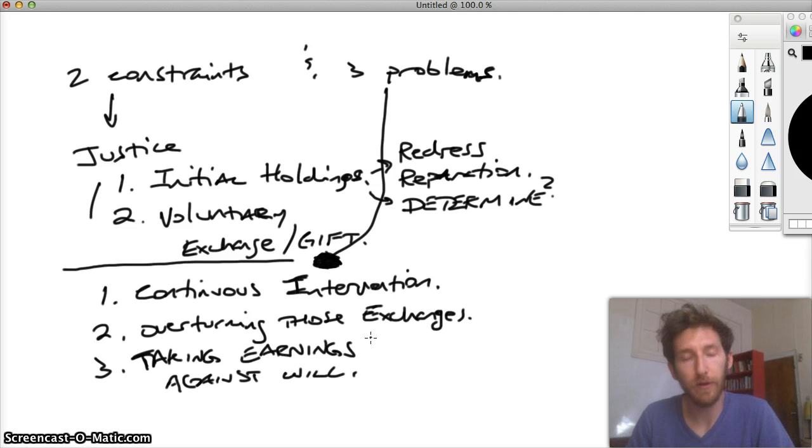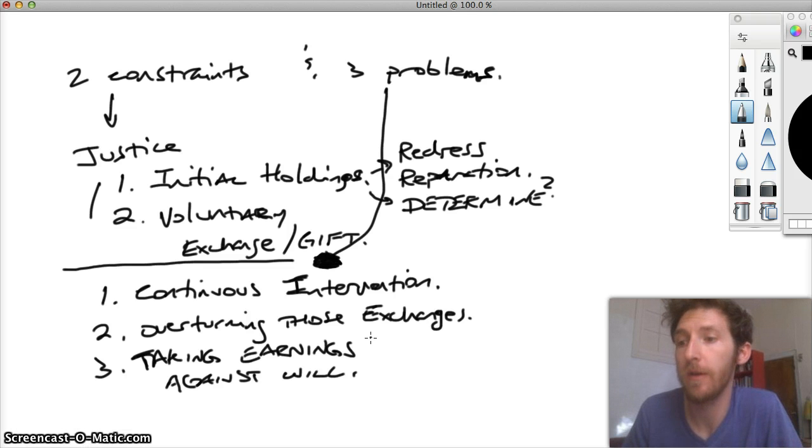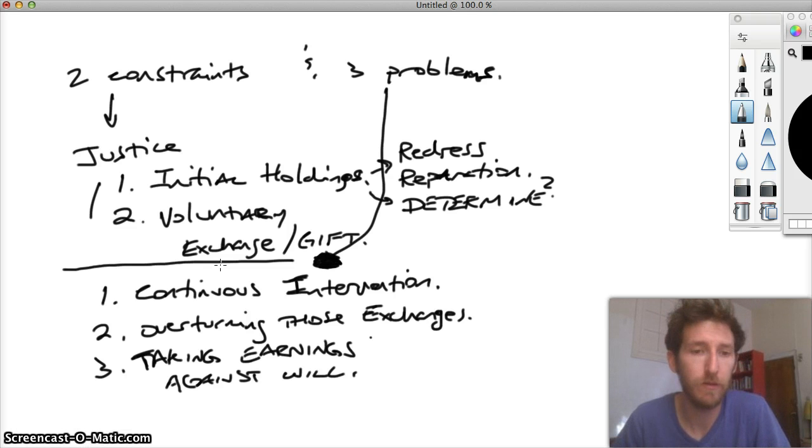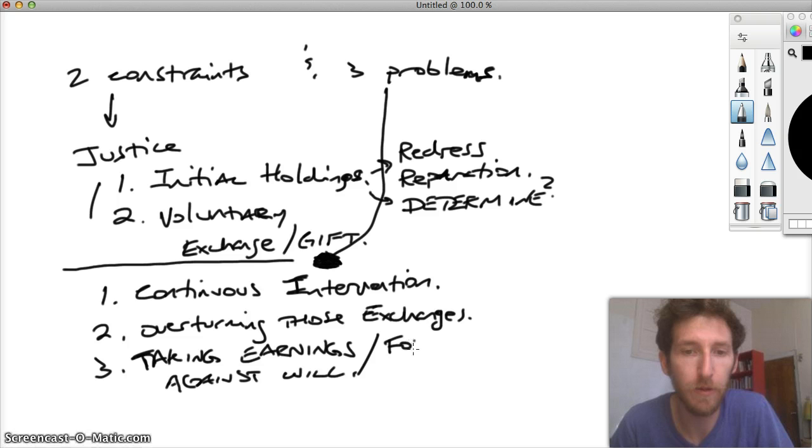And if you're taking their earnings, their property, or their wealth against their will, again, you are violating their liberty to do with their property as they see fit. And what that means, on Nozick's view, is that this is akin to forced labor or even slavery.